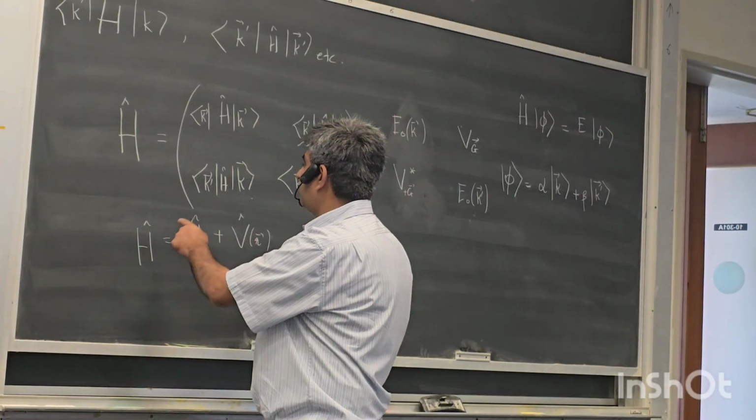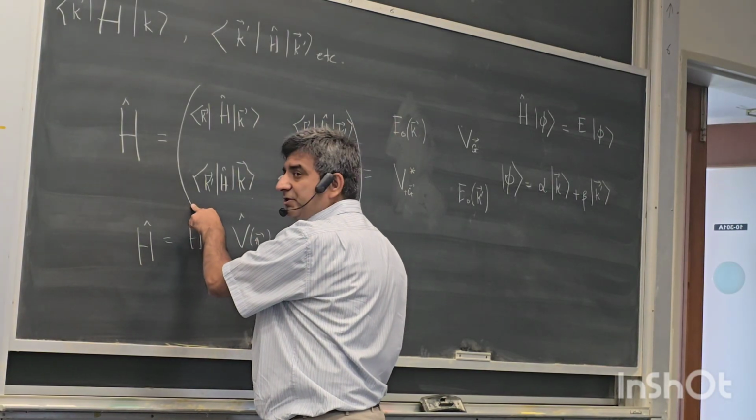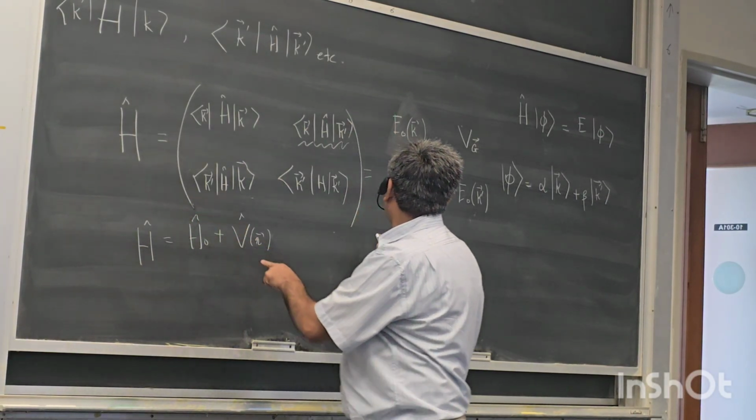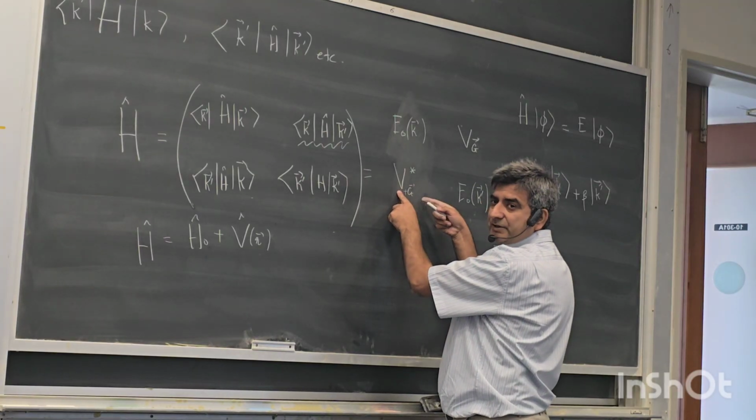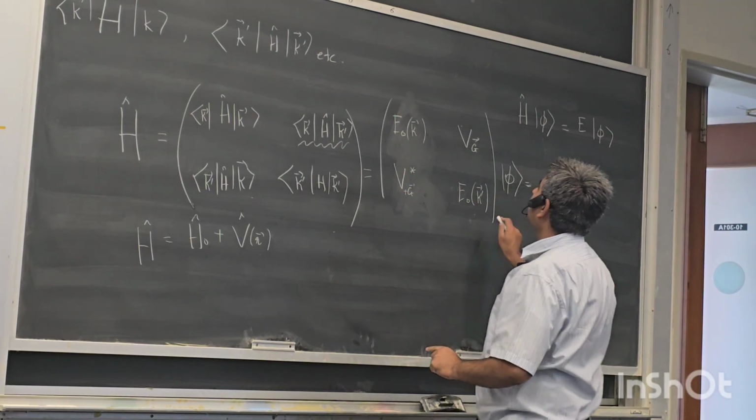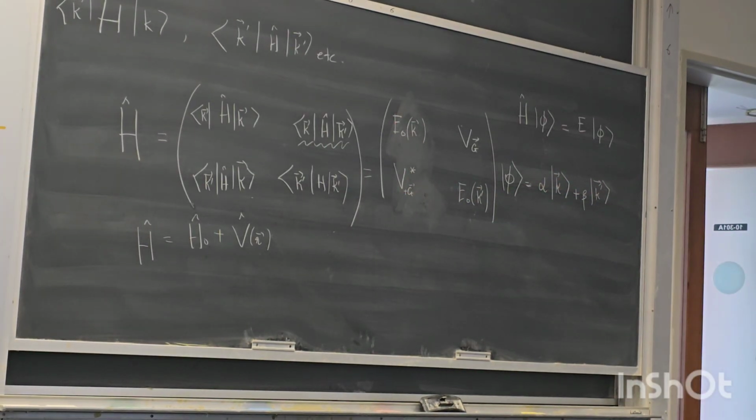So this is a Hermitian matrix, and I'll give this as a homework problem as well, just to prove this. Okay, so this is our H. Now how do we find the corrections to the energy?